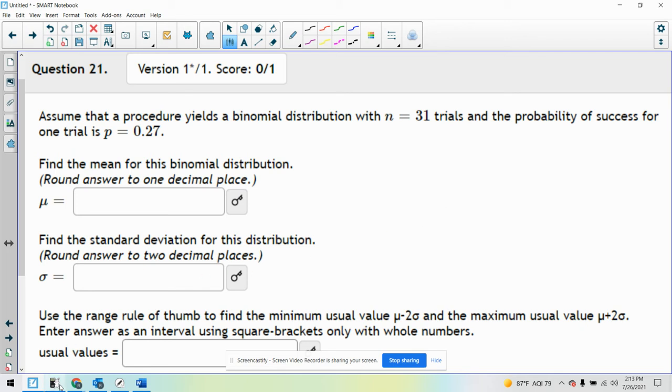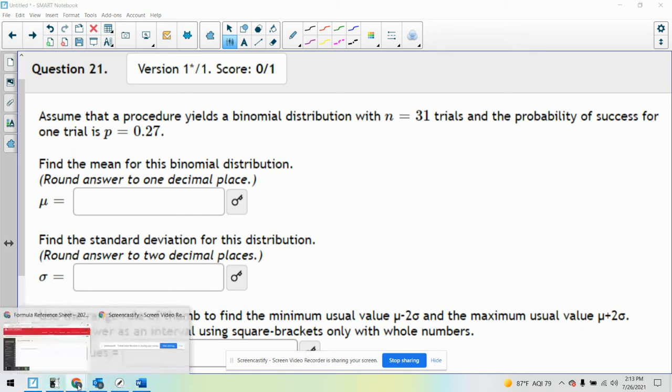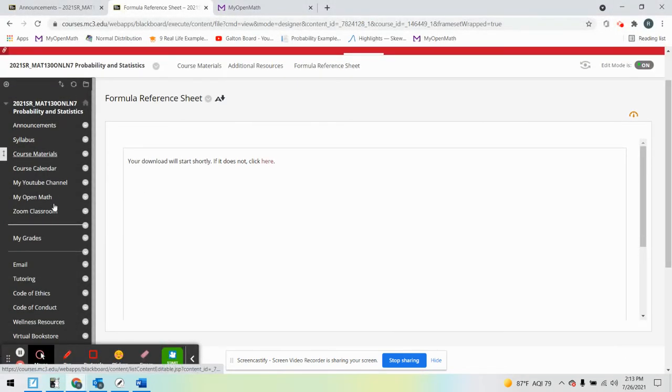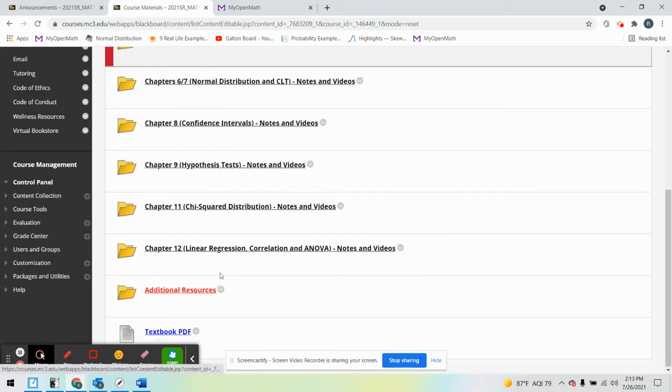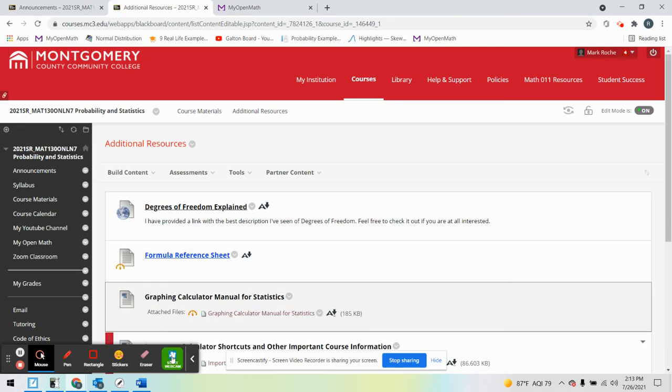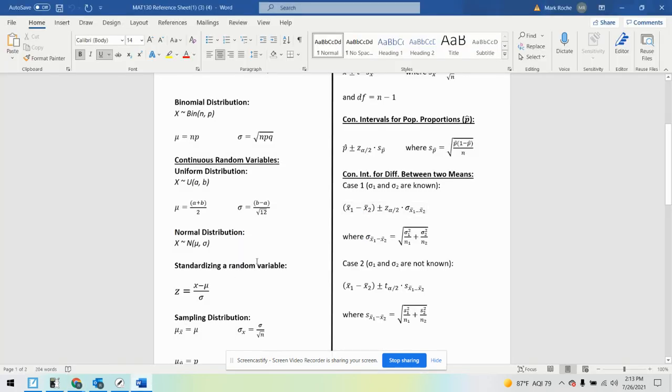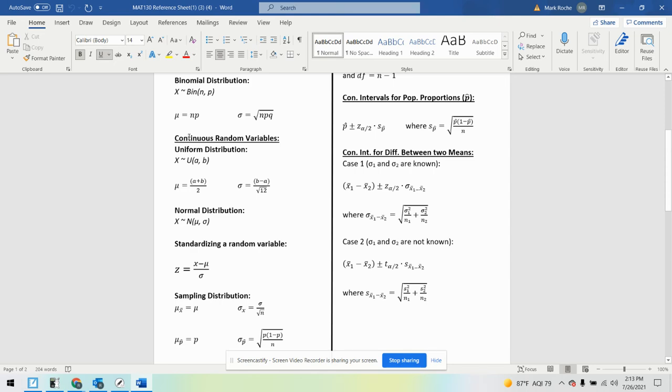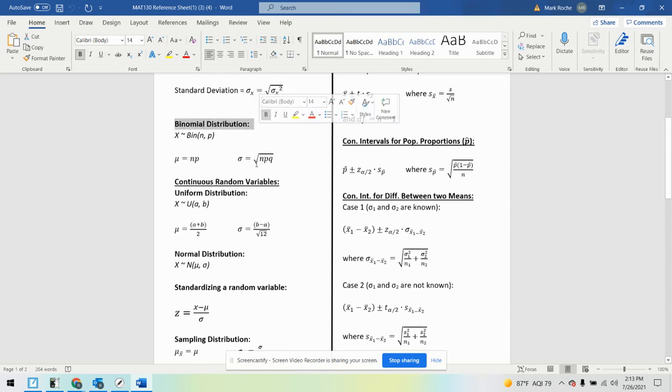If you go to our Blackboard page and go to course materials, down at the bottom there is something called the formula reference sheet. I think it's under extra additional resources, and then formula reference sheet. So we're looking at the binomial distributions on the left-hand side.